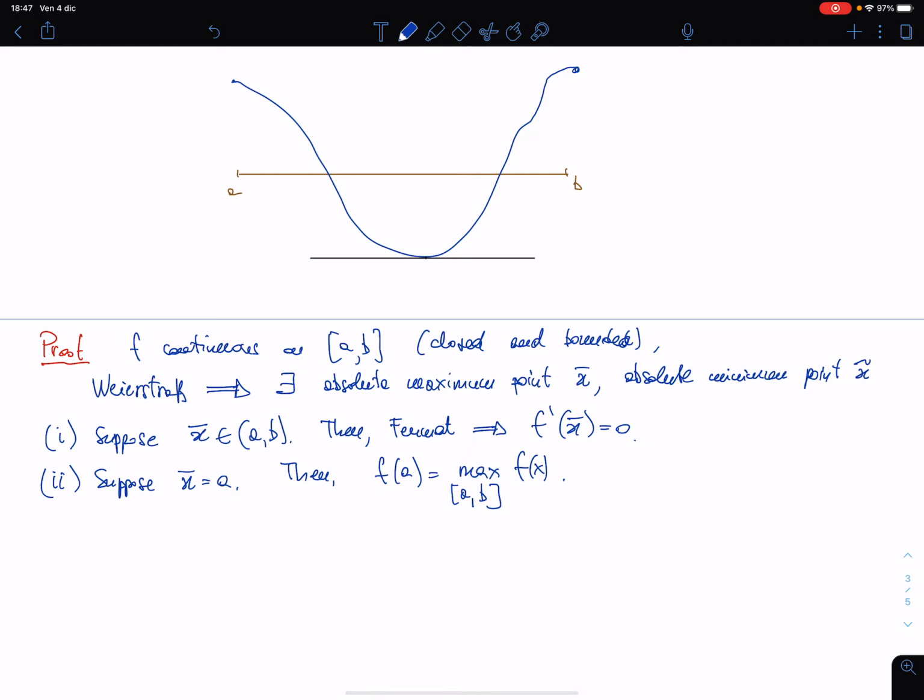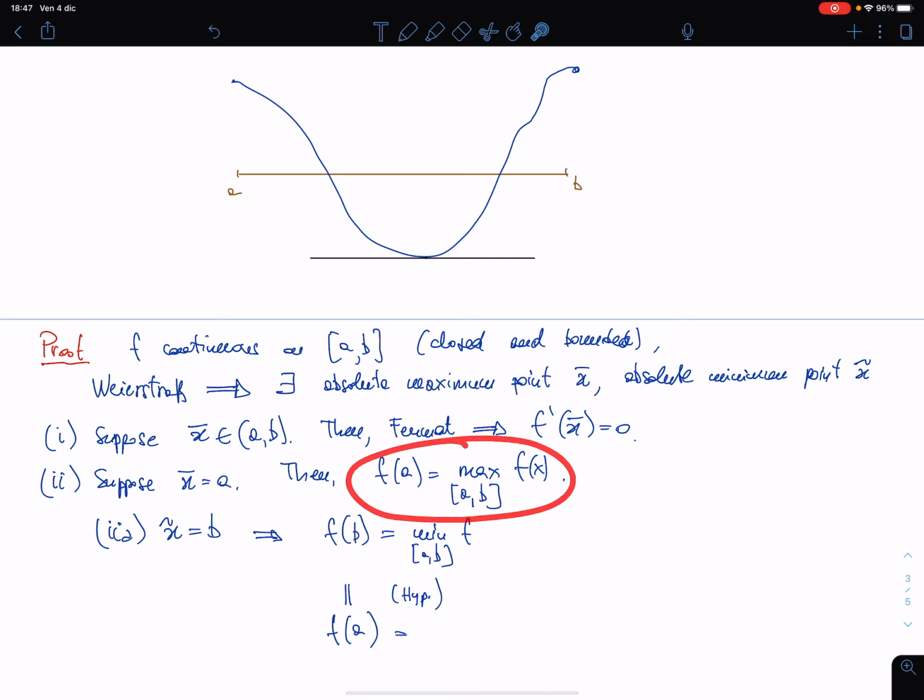Okay. Now let us look for the minimum. There are two possibilities. First, x tilde is equal to b. Then f(b) is equal to the minimum of f in [a,b]. But by hypothesis, f(b) is equal to f(a). And f(a) is, as we showed here, the maximum of f.